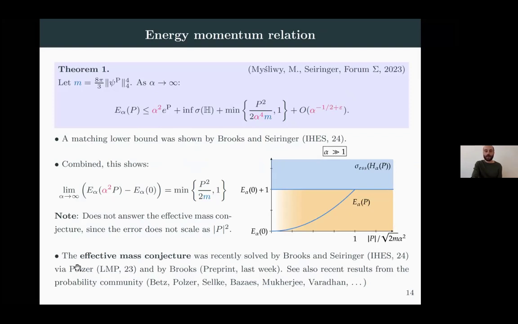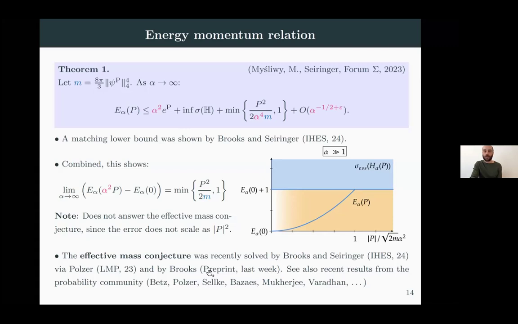But then they used, via Polzer, a very nice result in this paper from Stefan Polzer, a sort of concavity result of the energy momentum relation that allowed them to extrapolate the lower bound to p equals 0. And that gave the upper bound for the effective mass.